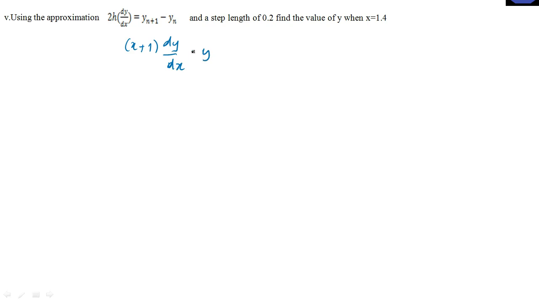It's trouble writing this plus y minus 2x equals 0. So this will mean that dy over dx, making it the subject of the formula, is (2x minus y) over (x plus 1).